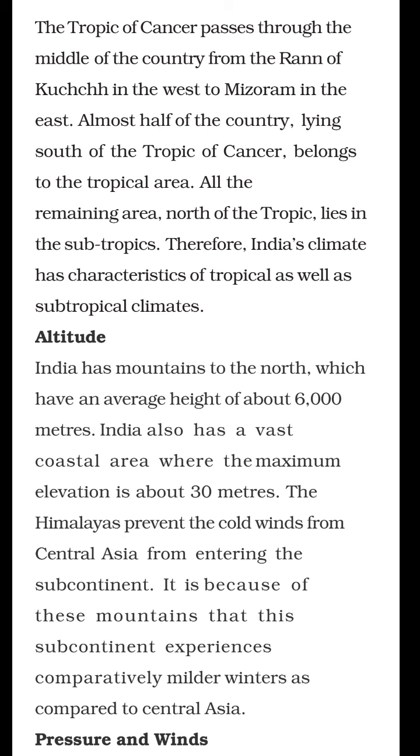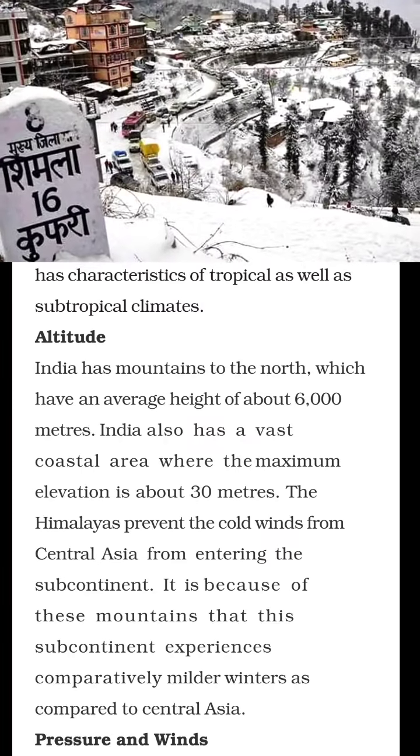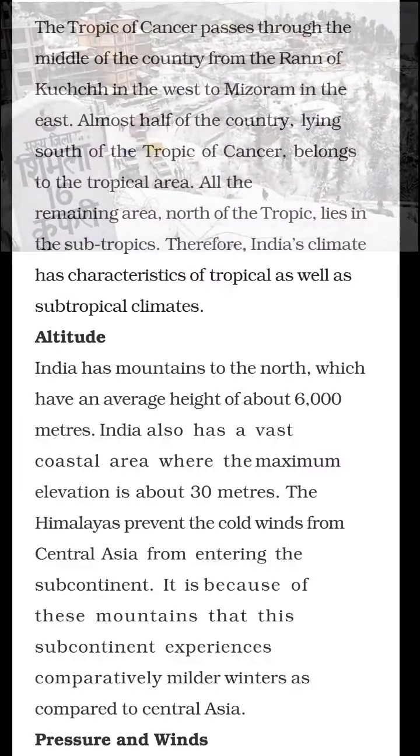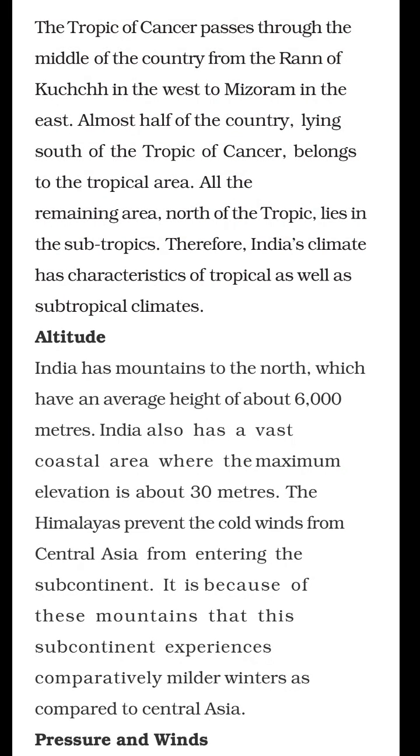So we can see these areas, not only in the Himalayas but in the subcontinental area and southern India also, have some mountainous areas that experience cooler, chilling places, and that attracts tourists and people there. So the subcontinent experiences mild wind as compared to Central Asia.